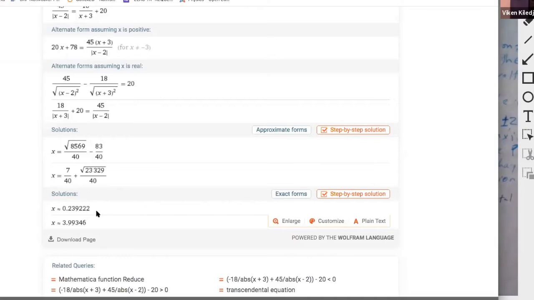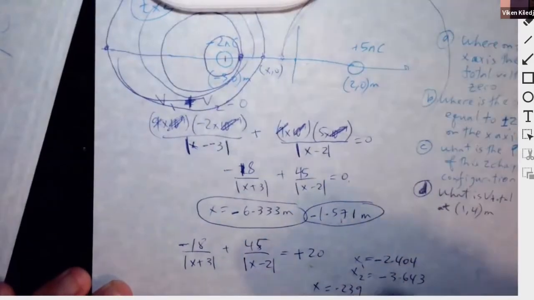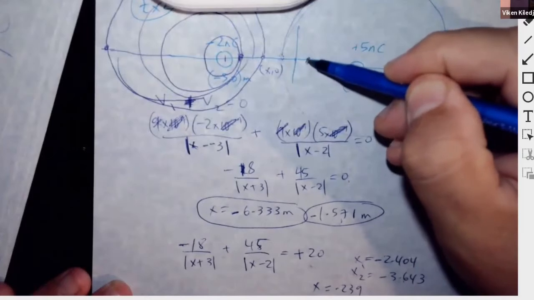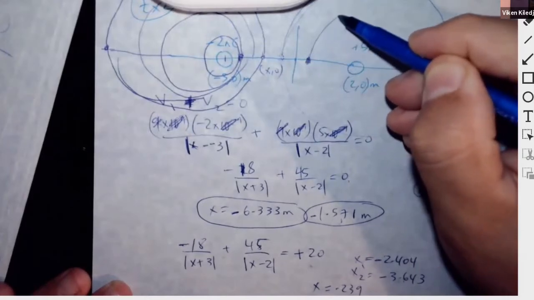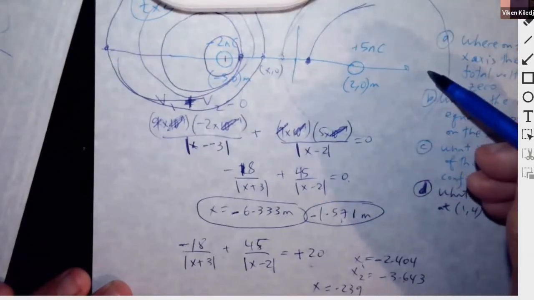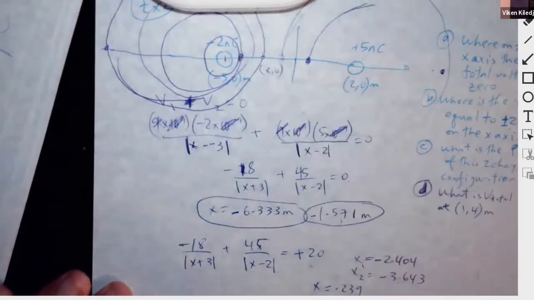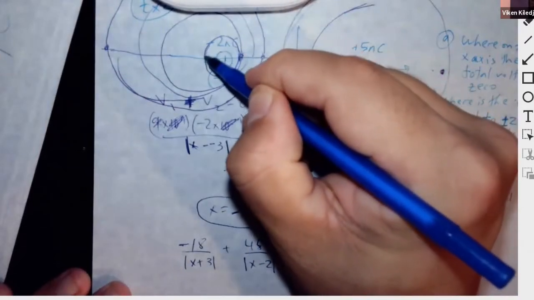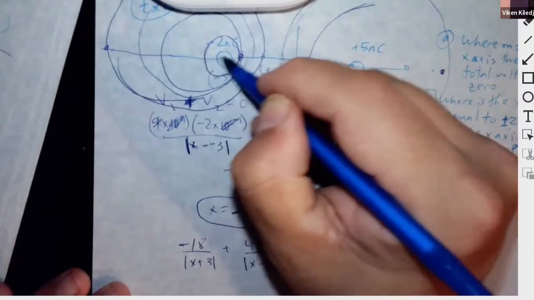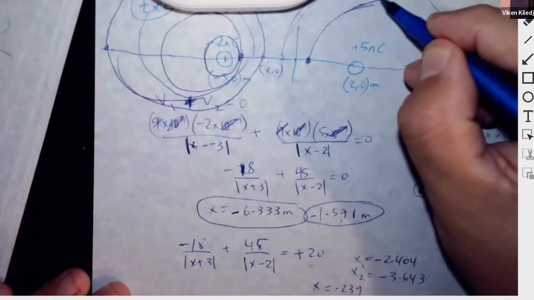So 0.239 would be somewhere here, and then it goes like this. 3.99 goes all the way to somewhere here. So it looks very different than the negative 20. Negative 20 is crunched up there, very small, 0.6 meters from that charge. The positive 20 looks so different.